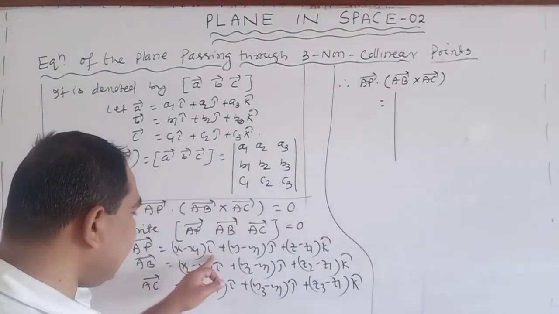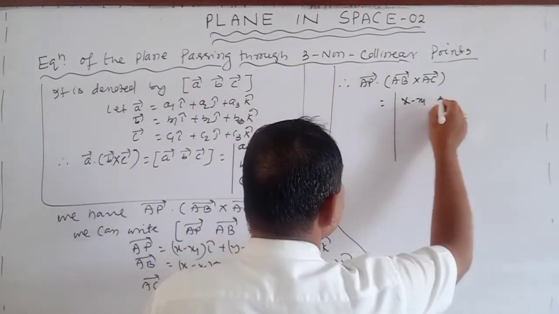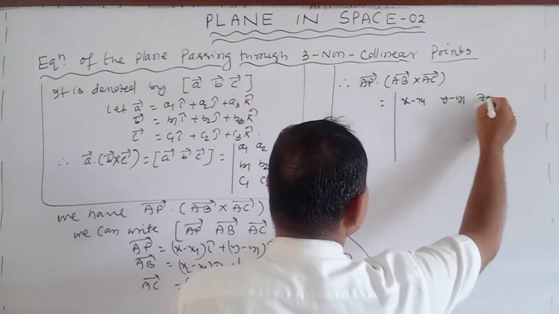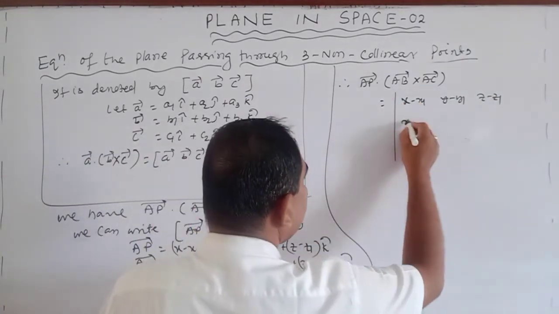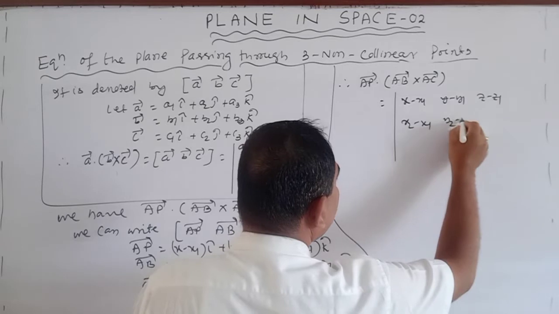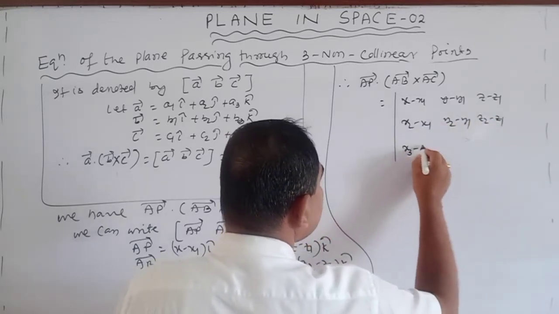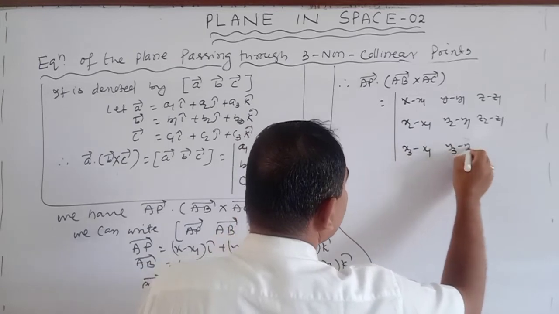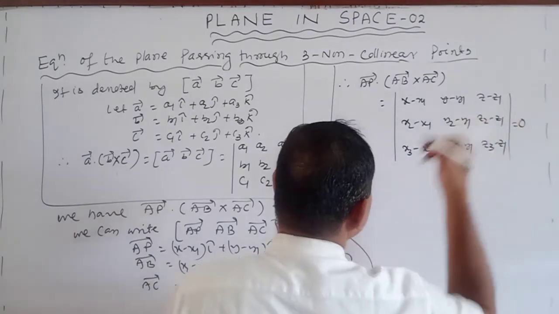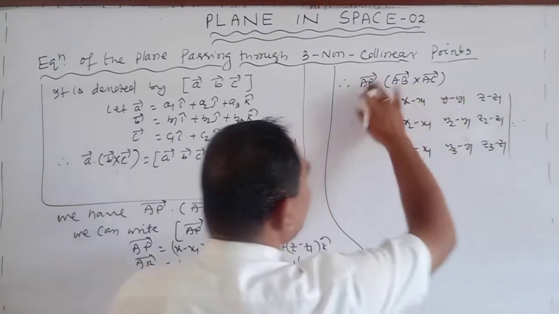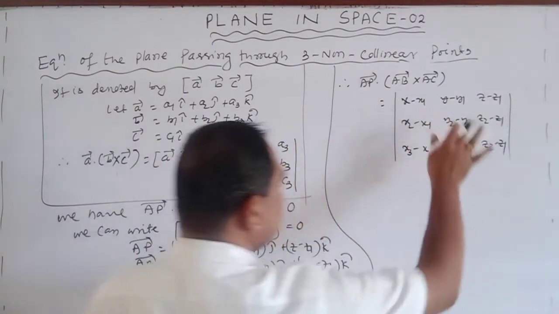AP की i j k के coefficient first row: x minus x1, y minus y1, z minus z1. Second row AB की: x2 minus x1, y2 minus y1, z2 minus z1. Third row: x3 minus x1, y3 minus y1, z3 minus z1, is equal to 0. This is AP dot AB cross AC.